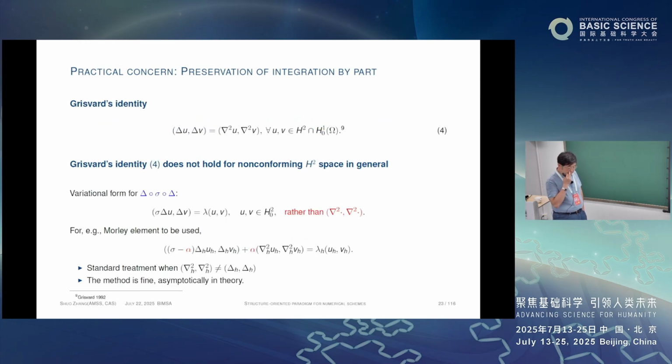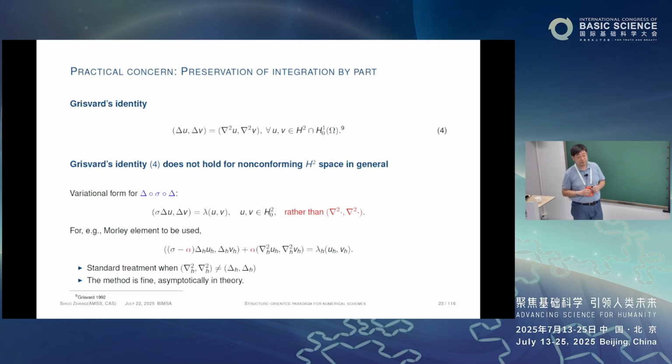Another issue is that now we can only use a non-conforming finite element method. That is to say, it's not a subspace of H2. We can only use a non-conforming one. In the space H2 there is a famous Grisvard identity. That is to say, the inner product of Laplacian u and Laplacian v is equal to the inner product of Hessian u and Hessian v.